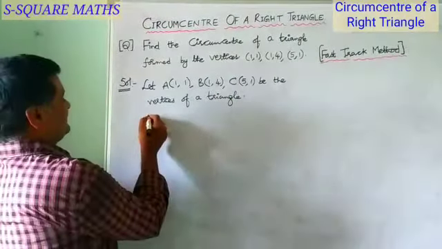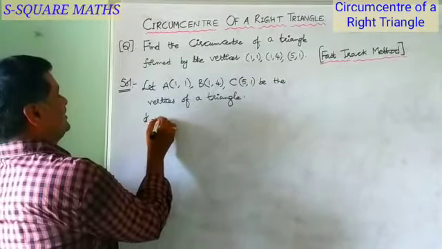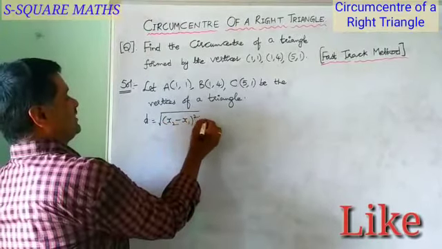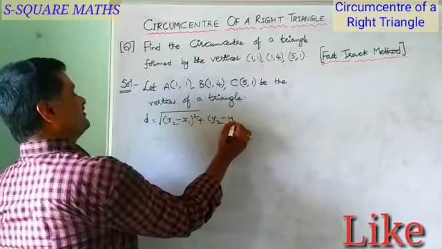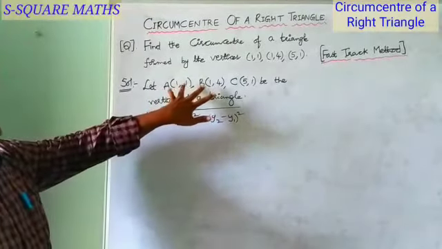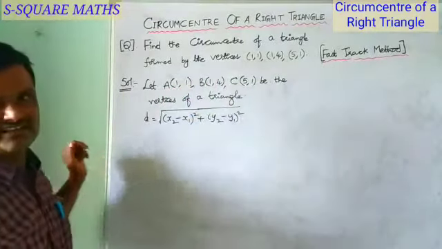So consider the distance. We have the distance formula: D is equal to root of (x2 minus x1) the whole square plus (y2 minus y1) the whole square. We are going to calculate our distances AB, BC and CA.